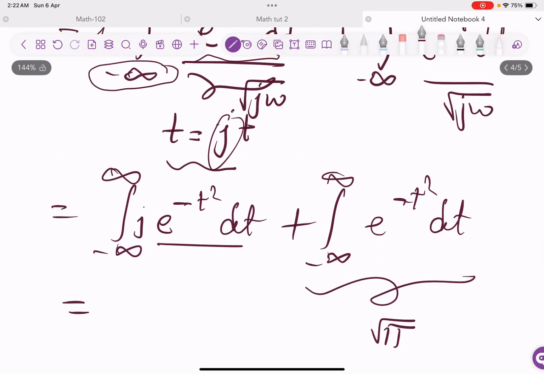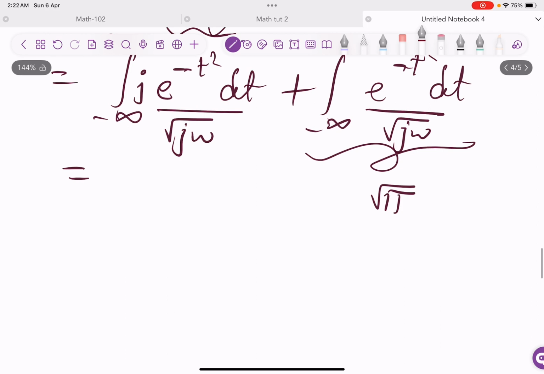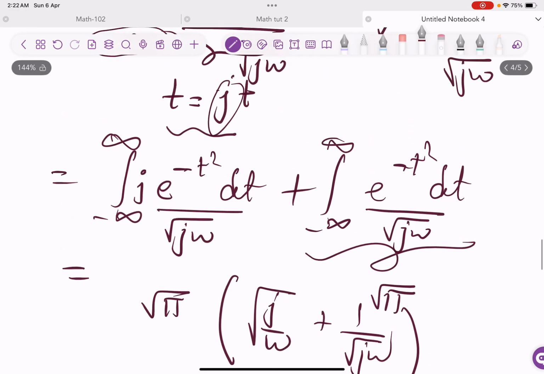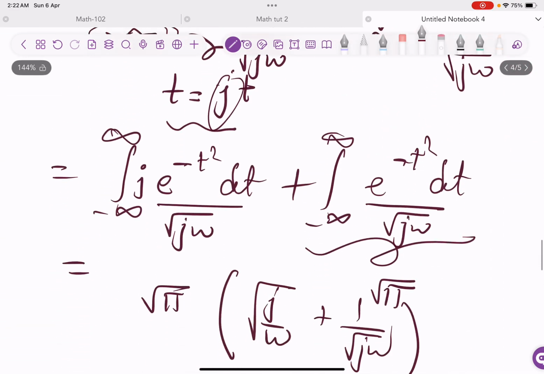There's a plus j here, and root j omega by root j omega. So you'll be getting root pi into root j by omega plus 1 by root j omega. And is there any 2 here? No, there's no 2 here.